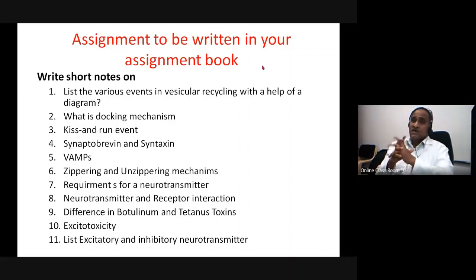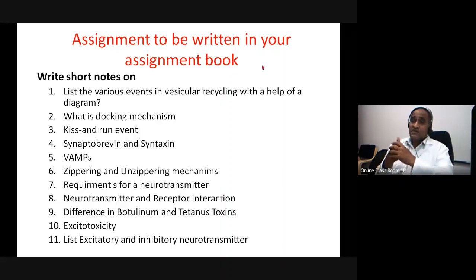Now, what is the zipping mechanism or unzipping mechanism? I have just mentioned it in my diagram. Then, what are the various requirements for a neurotransmitter? I listed them. Then we have neurotransmitter and receptor interaction. I have dealt with these aspects.